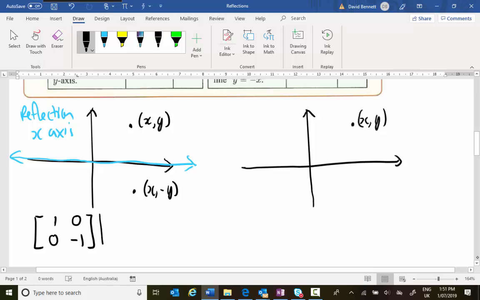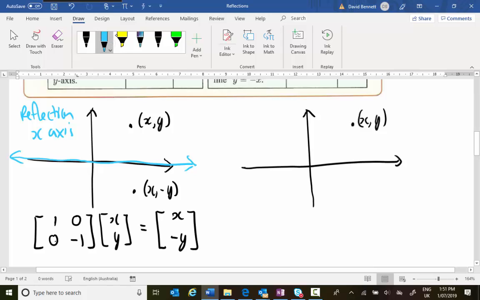If we multiply that by x and y, then in our matrix multiplication, x times 1 is x, 0 times y is 0, so the top line is going to be x. The bottom line is 0 times x is 0, minus 1 times y is negative y. So that works out nicely.